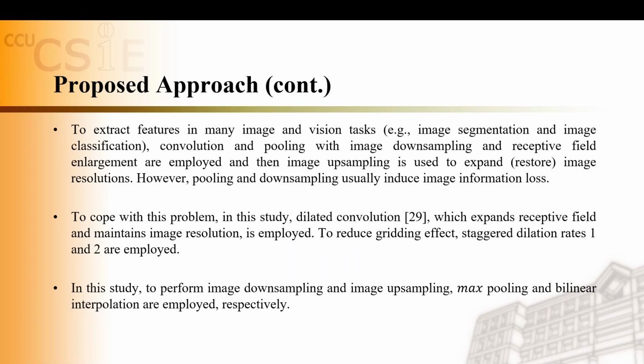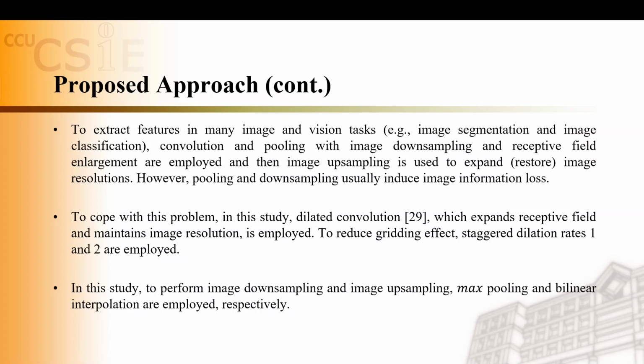To extract features in many image and vision tasks, convolution and pooling with image downsampling and receptive field enlargement are employed. Then image upsampling is used to expand image resolution. However, pooling and downsampling usually induce image information loss.